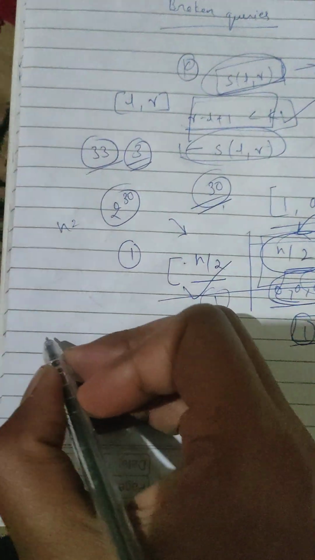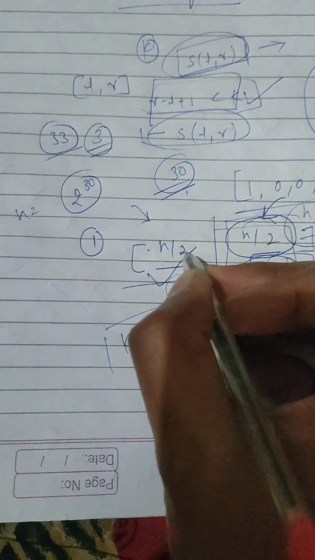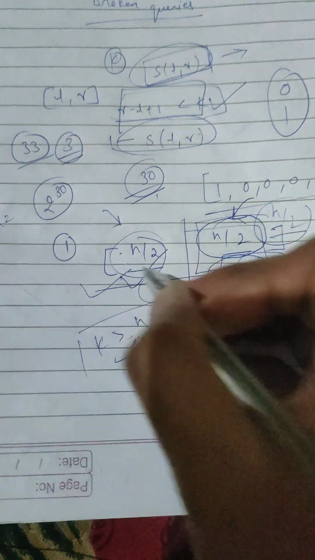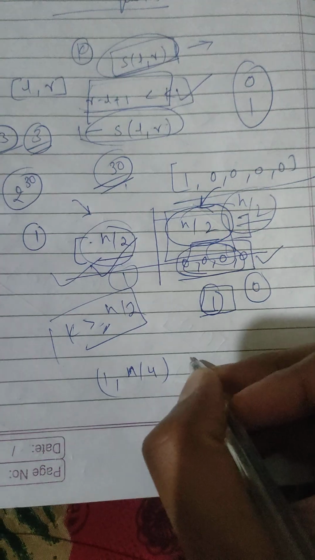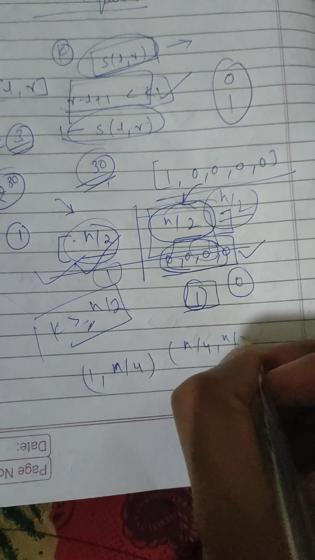So how are we going to find that? We can find that easily by dividing this. Suppose we just take the first half and divide it in two parts, 1 to n by 4 and then n by 4 to n by 2.